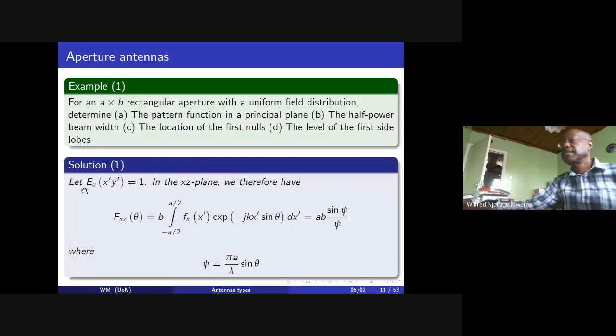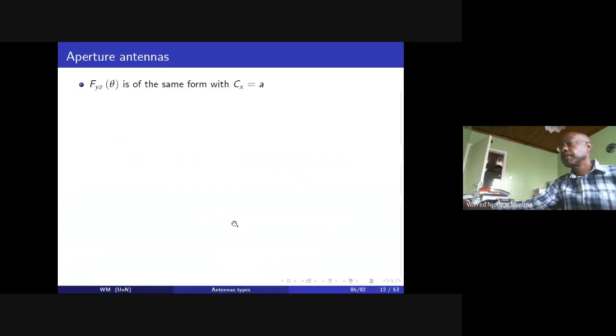So we see that E A is normalized to unity in the aperture, and in the XZ plane, we therefore have that f xz is given by that value, and we get a value of a b times sine psi divided by psi, that is the sinc of psi, where psi is just pi a by lambda multiplied by sine theta.